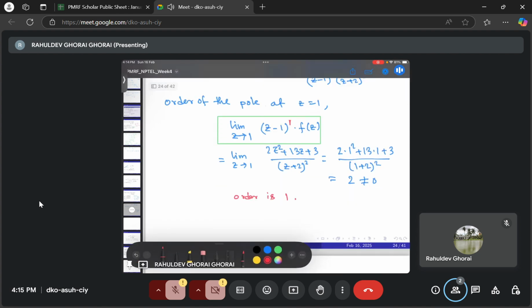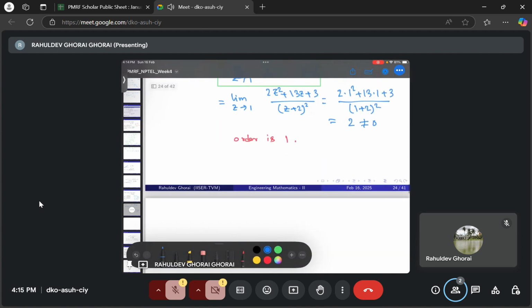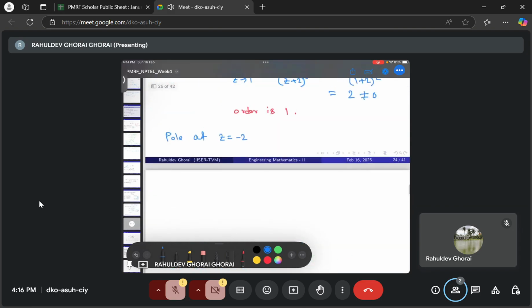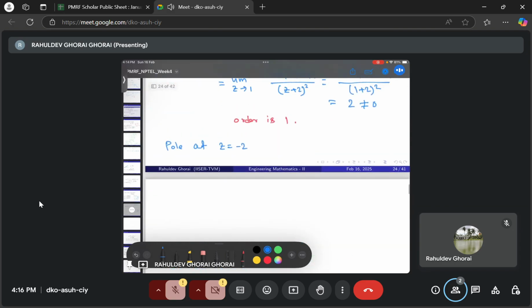So now if you want to find out the pole at z equal to minus 2, I am claiming it is of order 2.